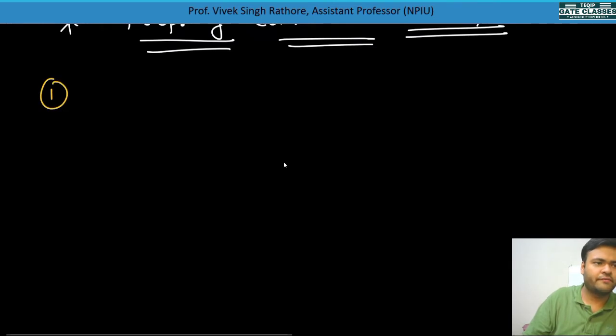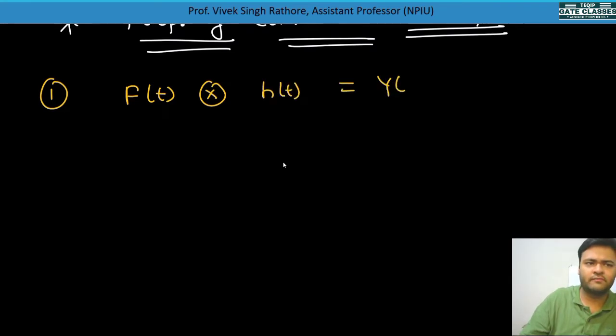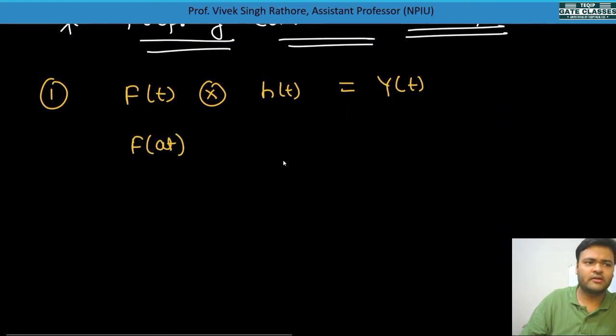First property: if f of t is convolved with h of t, you get output, let's suppose, y of t. But let's suppose your signal is time scaled, f of at, convolved with h of at. Both are time scaled.